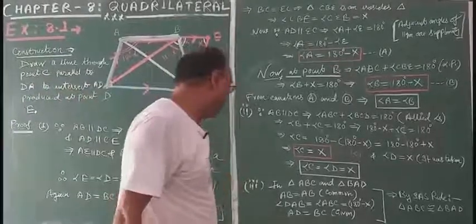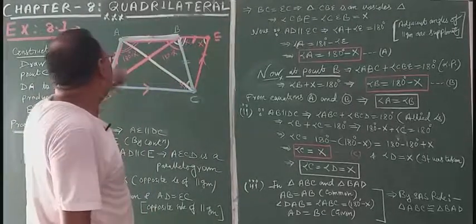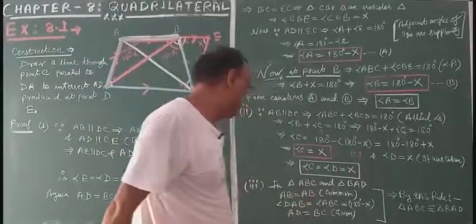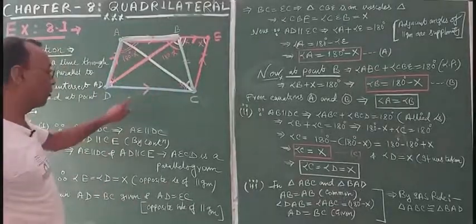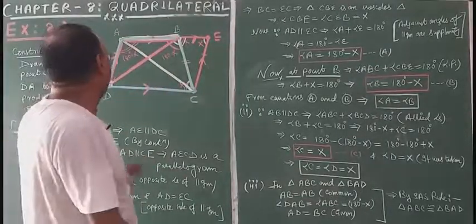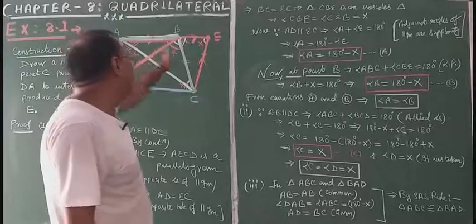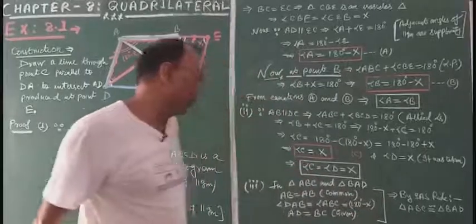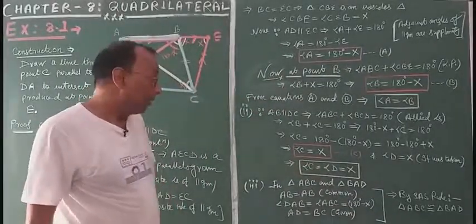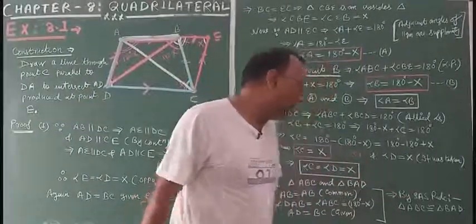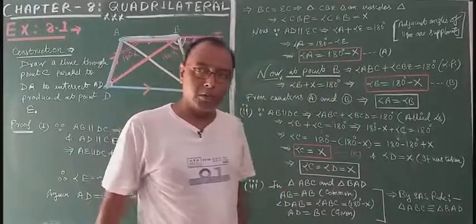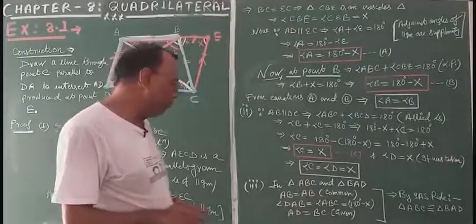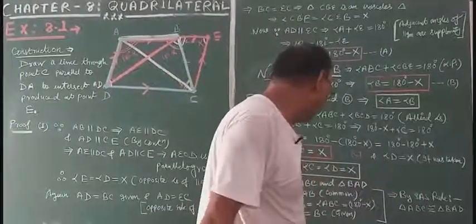Angle DAB is equal to angle ABC, both equal to 180 degrees minus X. And AD is equal to BC, which was given. So by the SAS rule, triangle ABC is congruent to triangle BAD.